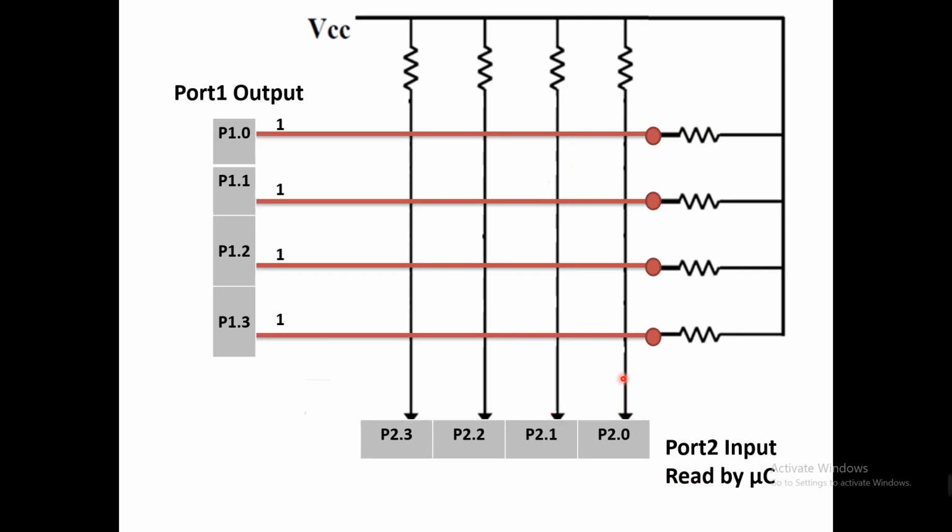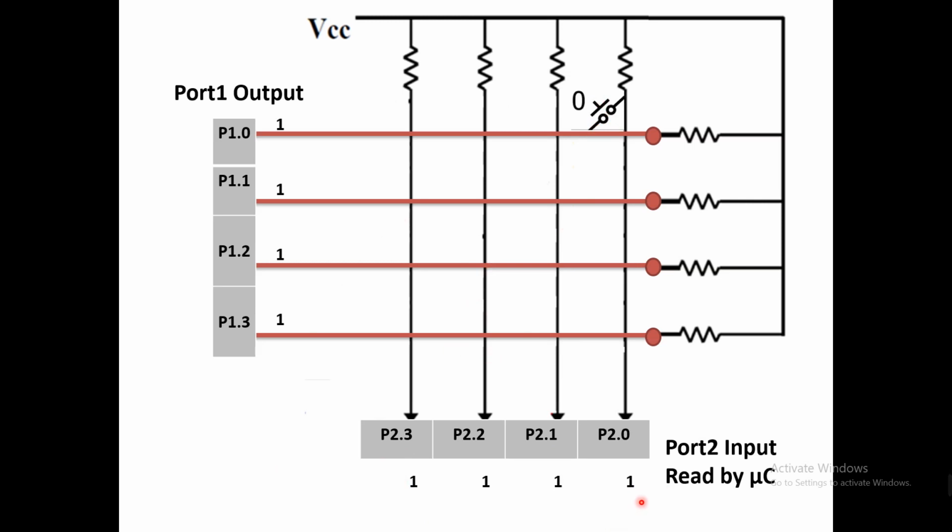In the slide, suppose the output is 111 here, and we connect a switch here. This is a keypad, this is a key, we will call it key 0. If we install key 0 here, what value will we read here?